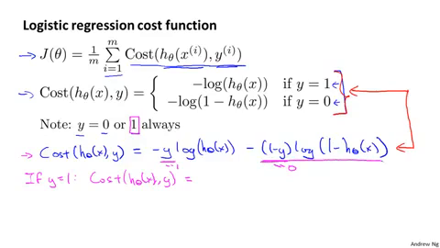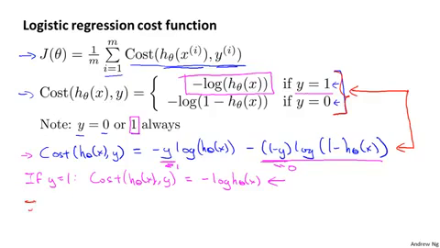So the second term gets multiplied by 0 and goes away, and we're left with only the first term, minus y times log h(x). y is 1, so that's equal to minus log h(x). And this is exactly what we have up here for y equals 1.